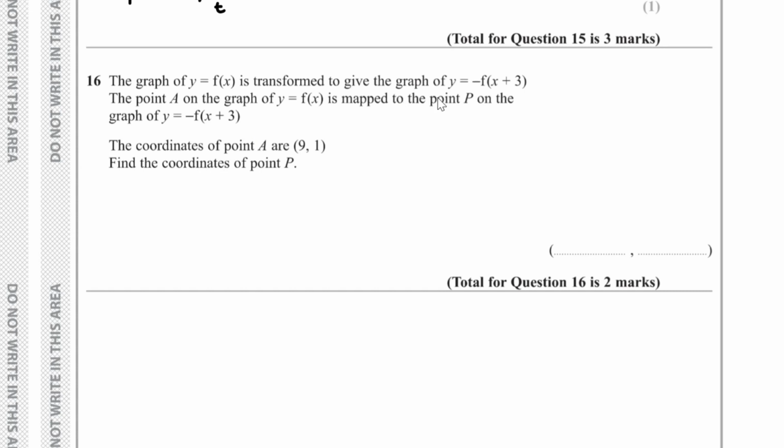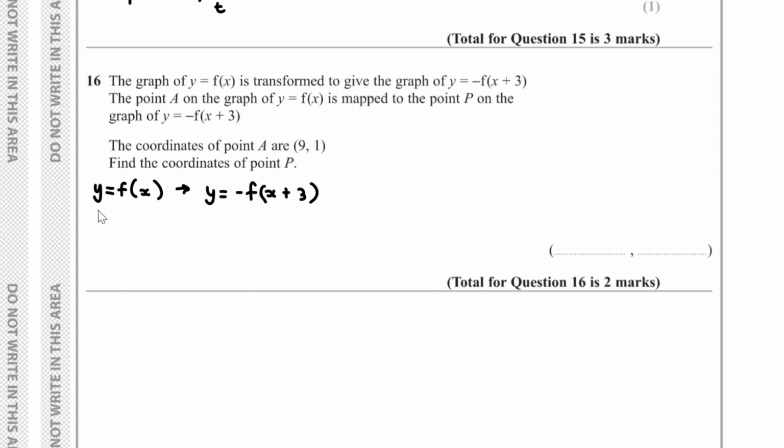Well, here you can see to go from y equals f of x to y equals minus f of x plus 3.